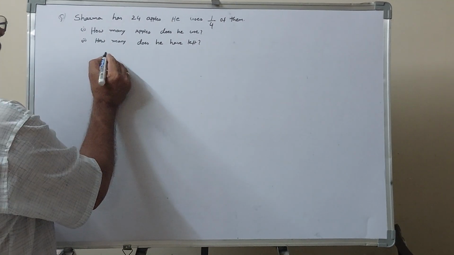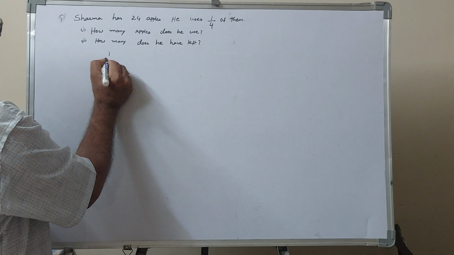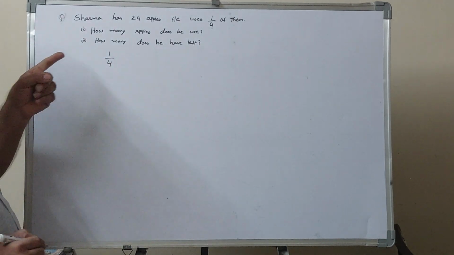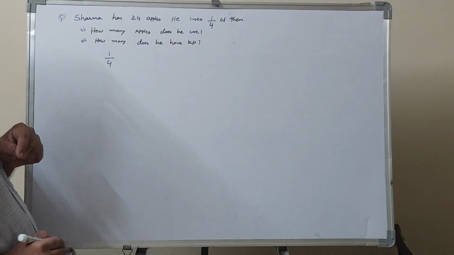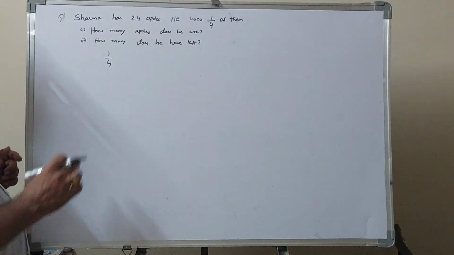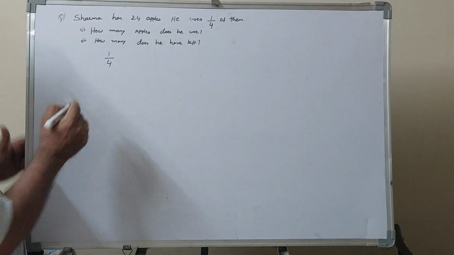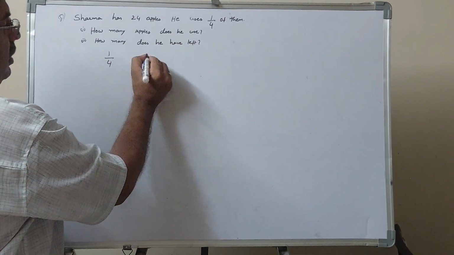Here you understand or not? 1 by 4, what is that? Use one equal part of 4 equal parts. What is the meaning of this one?